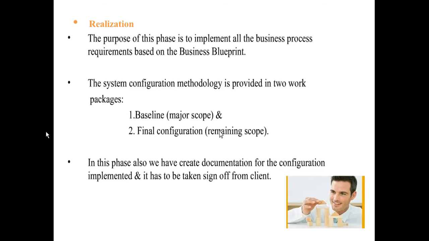Blueprint means it's a design which explains what needs to be done in my system. Based on my blueprint, in my realization level, I need to develop my system. As I explained, we are going to have three different servers, which are the development server, quality server, and production server.